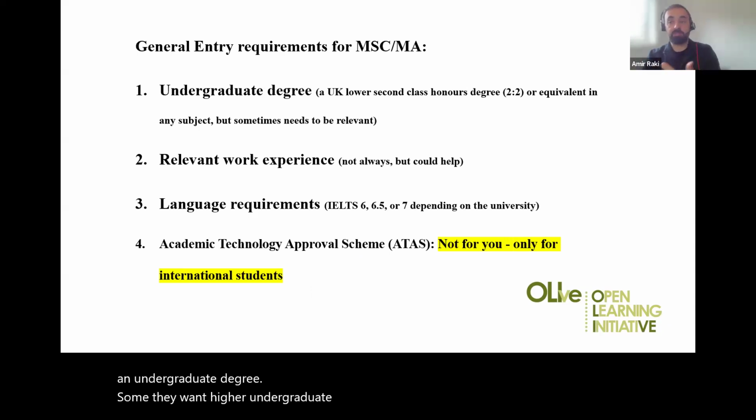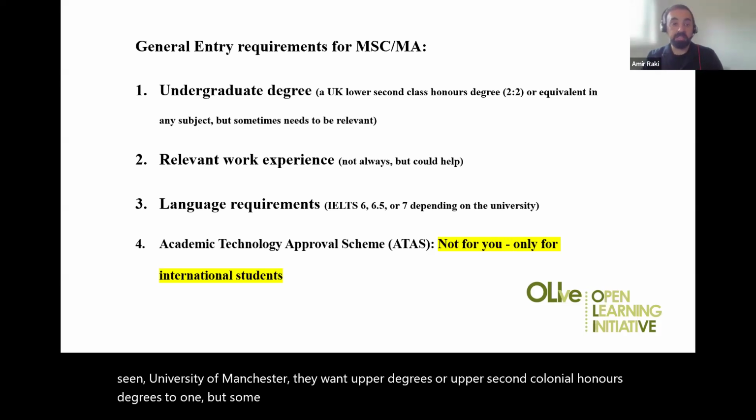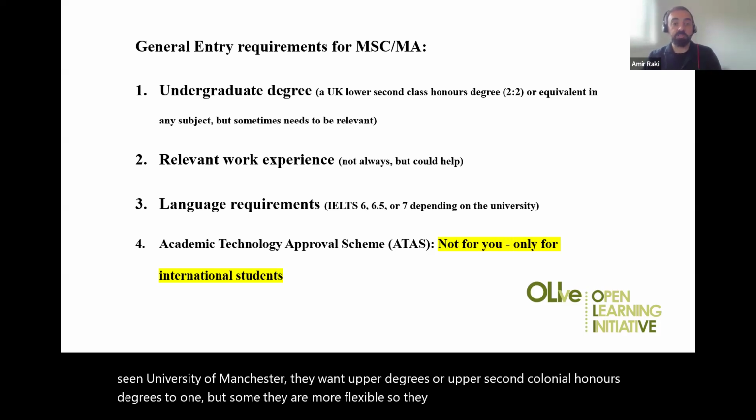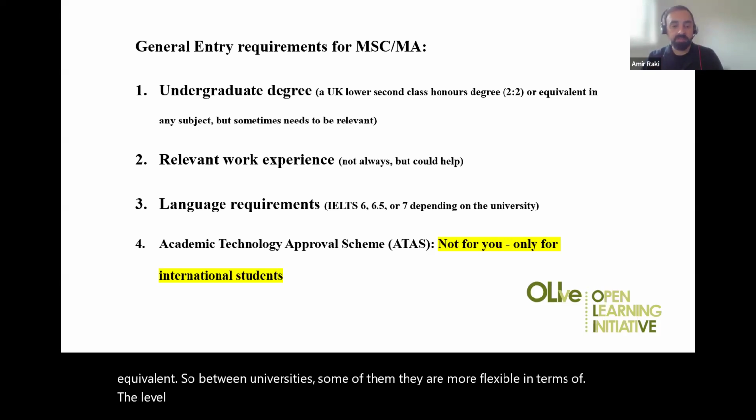Some, as you've just seen, like the University of Manchester, want upper second class honors degrees, 2-1. But some are more flexible, so they accept lower second class honors degrees or equivalent. So between universities, some are more flexible in terms of the level of your undergraduate degree.